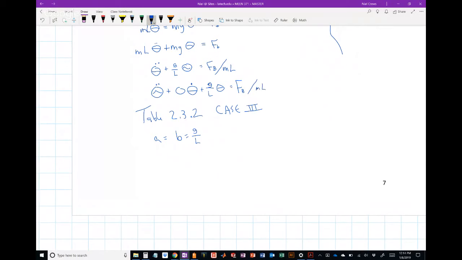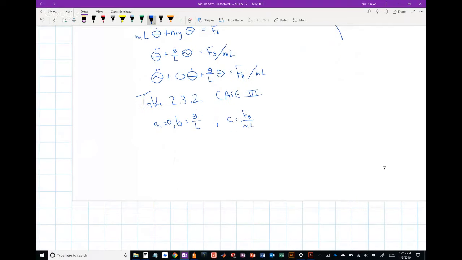Then we call this a C. Then our C equals F_B over mL, okay? Equals 0.